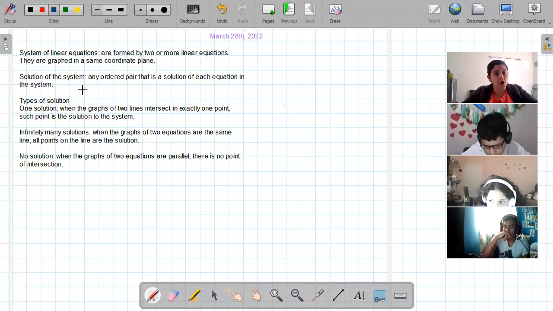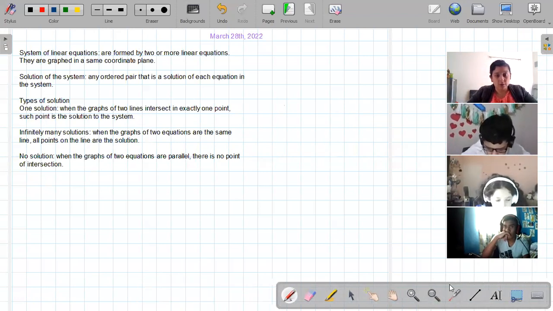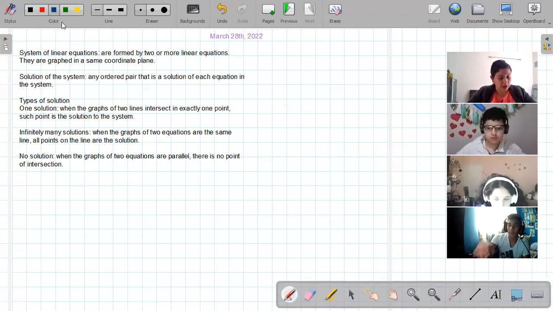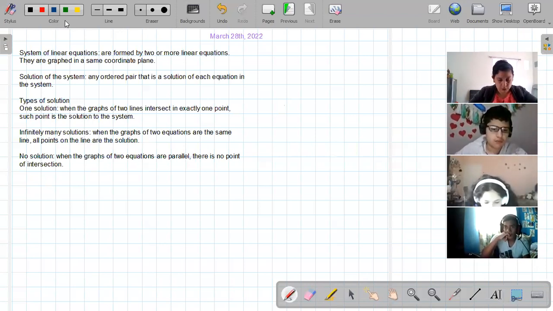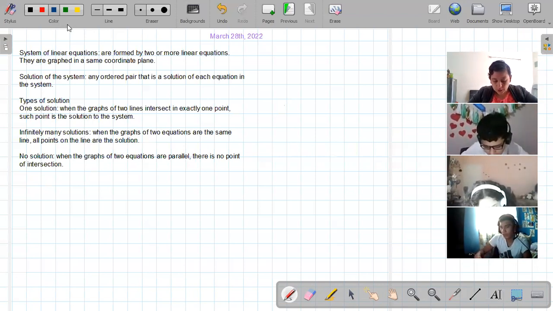Now, let's do our first exercise. So we are going to have an easy one, a very easy one. And we're going to start off with, let's go to the book, exercise 9 from your book, this is page 343.